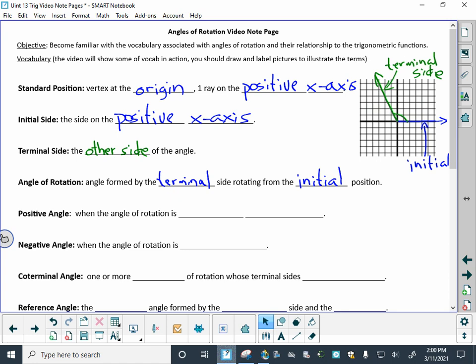Now, we get a positive angle of rotation when that rotation is counterclockwise.